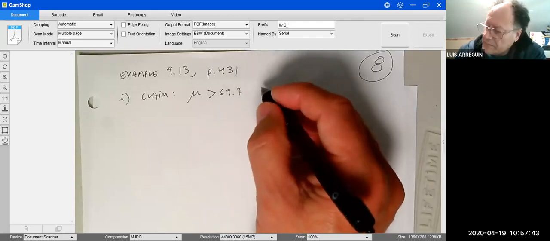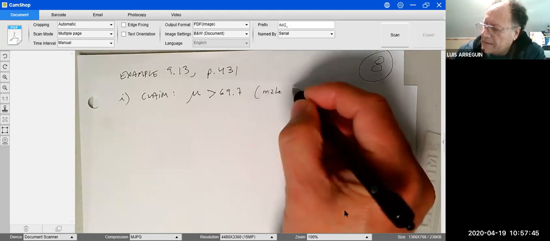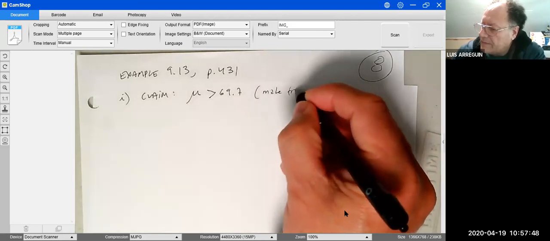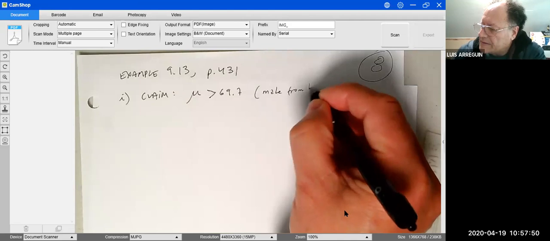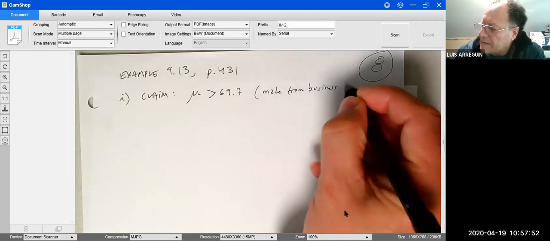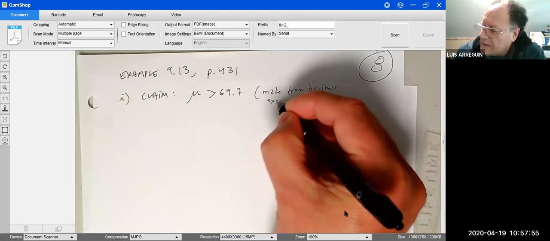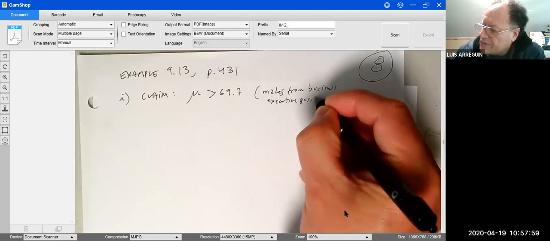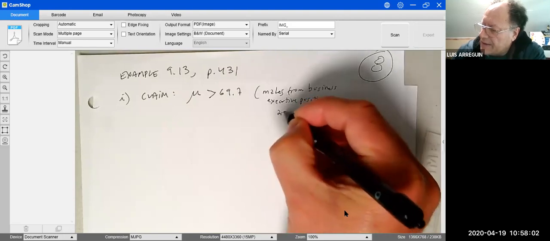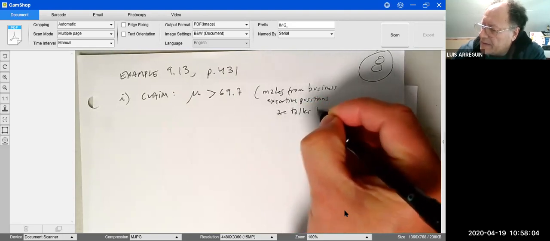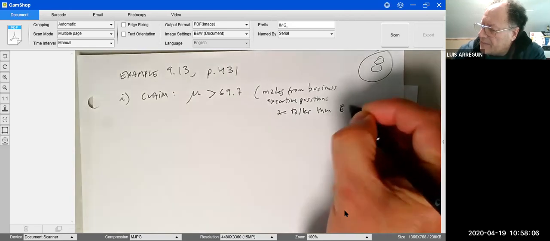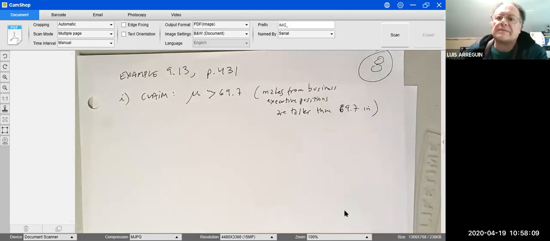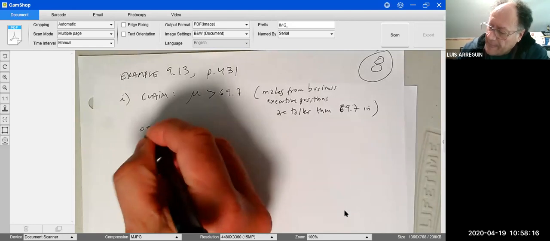So male business executive positions are taller than 69.7 inches. So that's the claim.